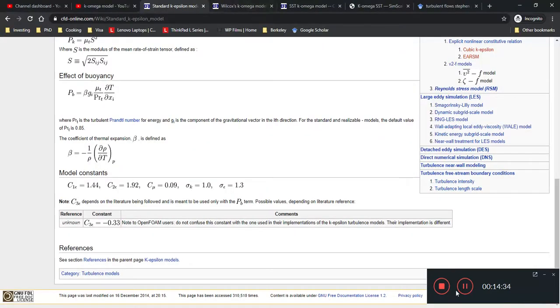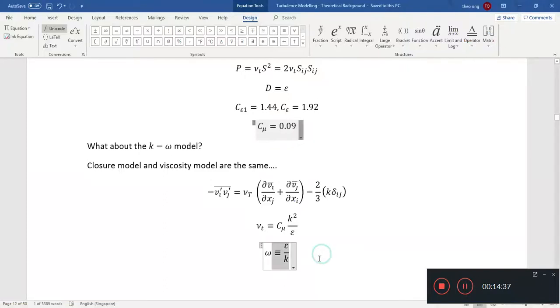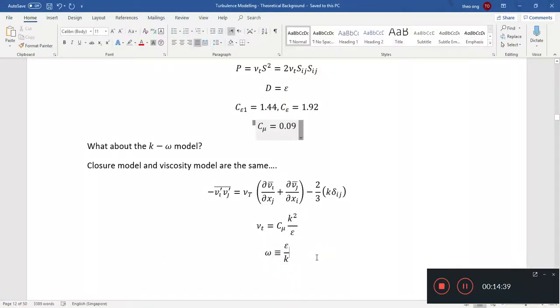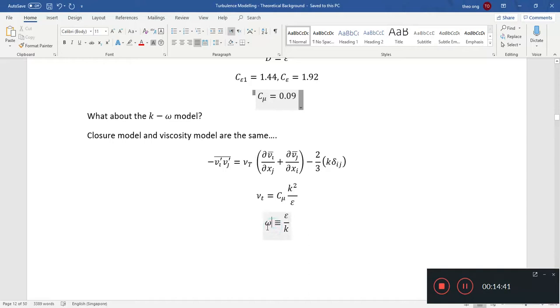Omega has the units of frequency because this is the rate of dissipation of kinetic energy per second. So this is actually per second. Sometimes they call it the turbulent frequency.